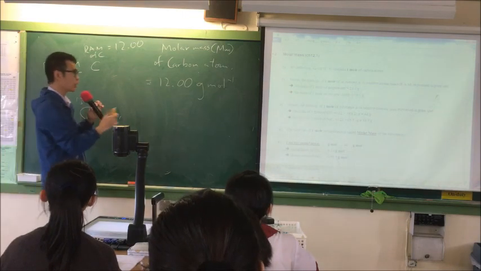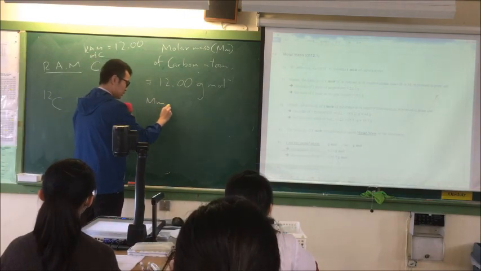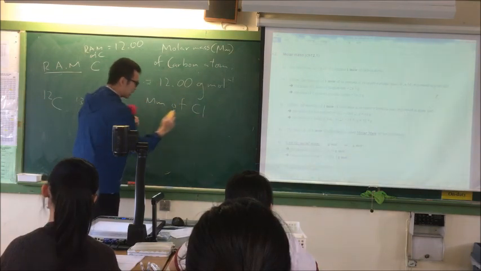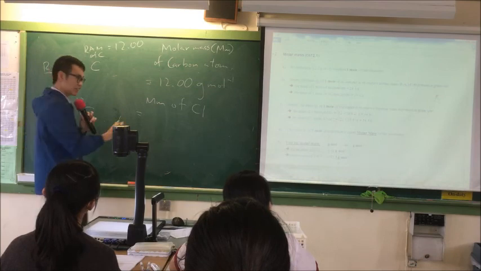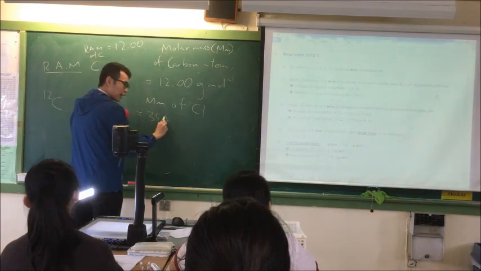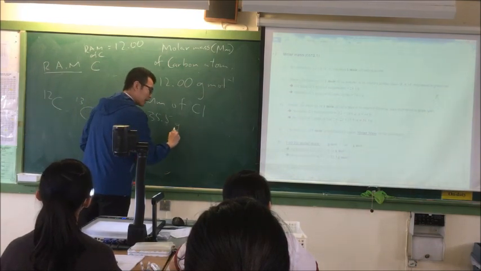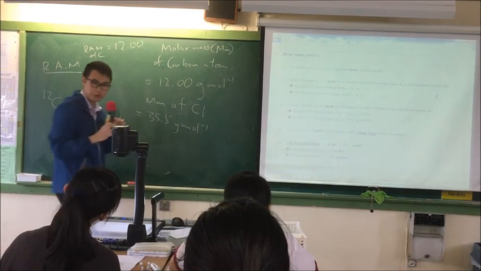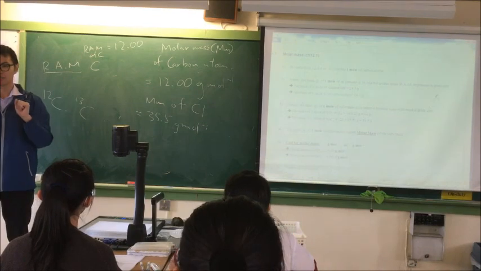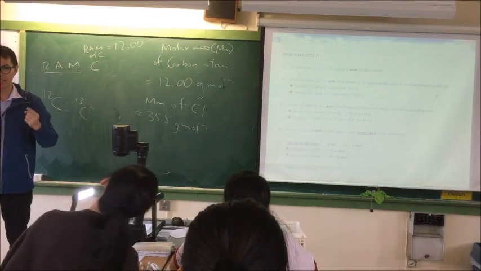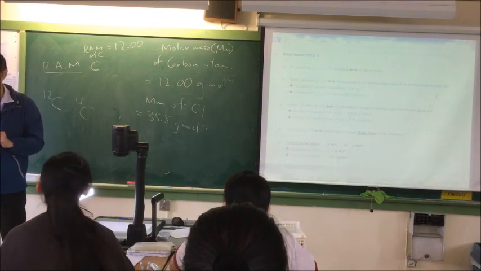So let me ask you, what is the molar mass of a chlorine atom? 35.5 grams per mole, which means if we have 1 mole of chlorine atom, it will weigh 35.5 grams.